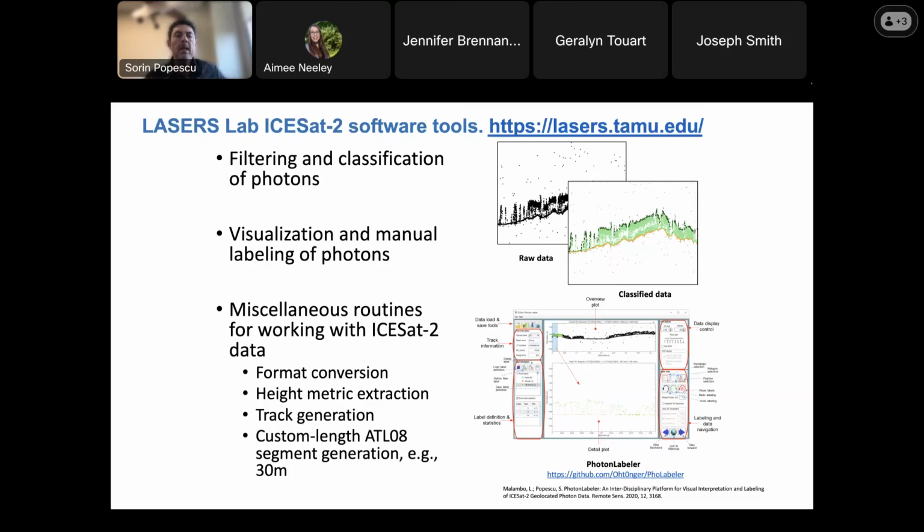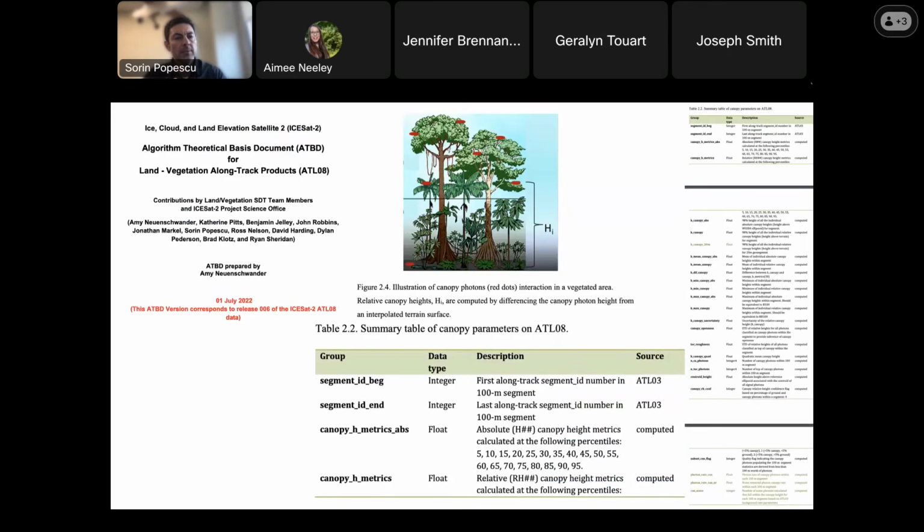So let's delve a bit more into the ATL08 product. So those photons with the classes, top of canopy, ground, and the canopy photons are again summarized in 100-meter fixed segments. And there's a fairly large list of variables associated with those photons.